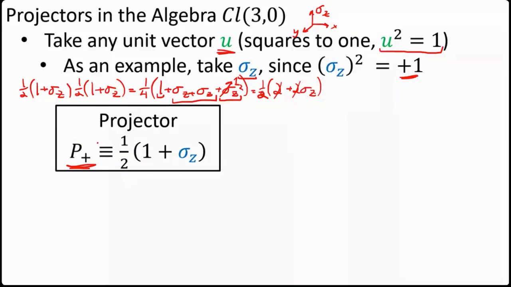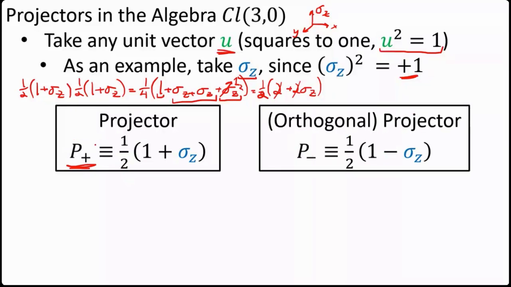Yeah, okay. Remember how I told you 1 minus p, for a projector p plus, will also give you a projector, and we're going to call that p minus. This is an orthogonal projector pair, so p plus times p minus equals 0. That's kind of like when you project.